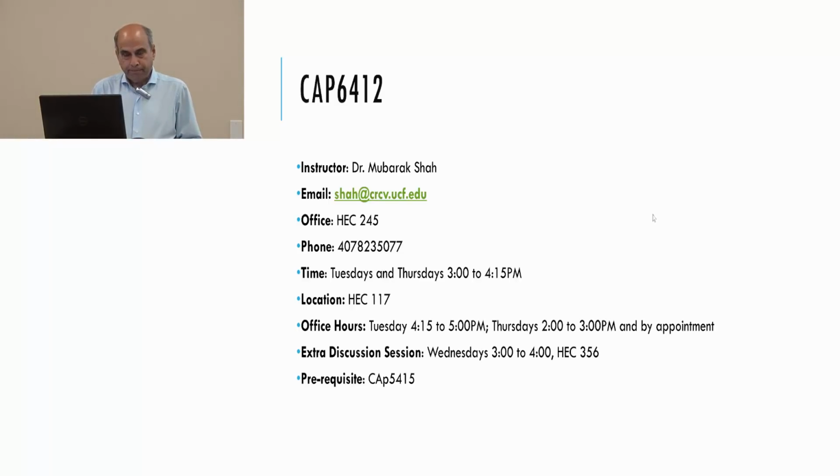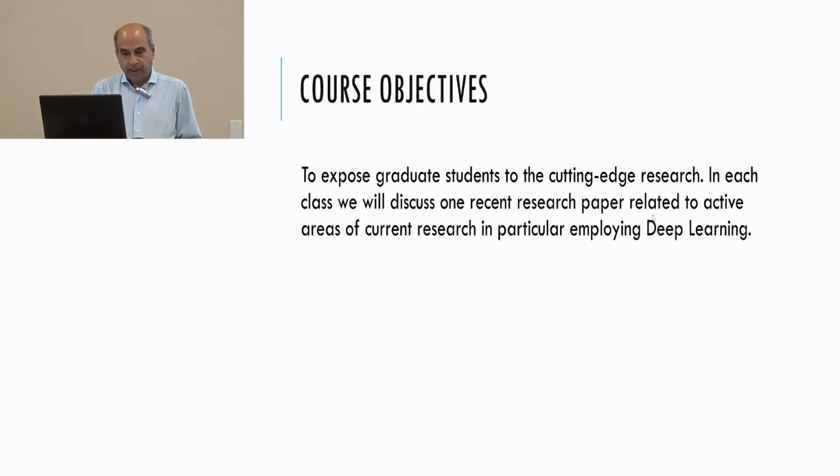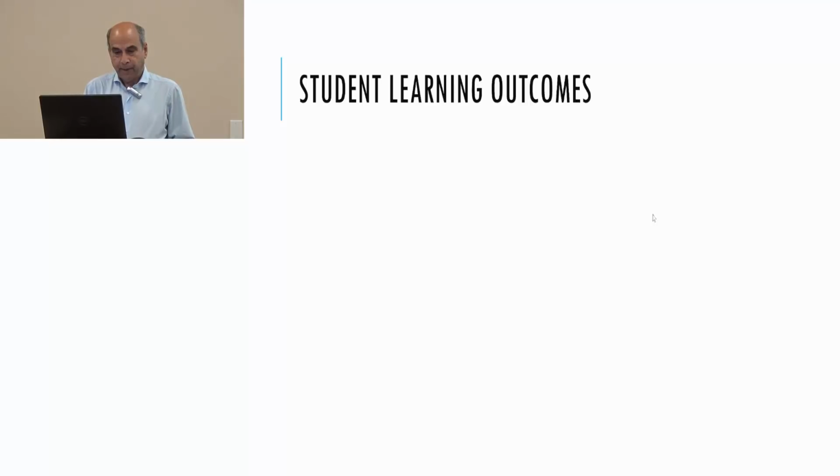The prerequisite for this class is 50/15, computer vision. And this is the course web page. The objective of this course is that graduate students will be exposed to cutting edge research. In each class we'll discuss one recent paper related to computer vision, the current research area, and in particular applying deep learning.